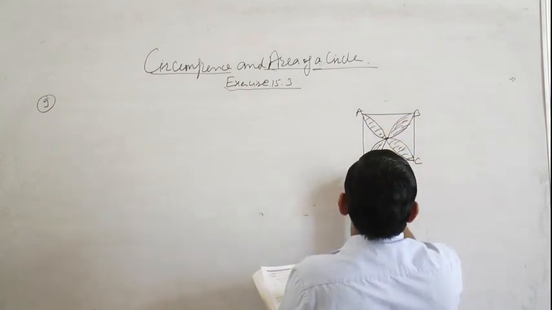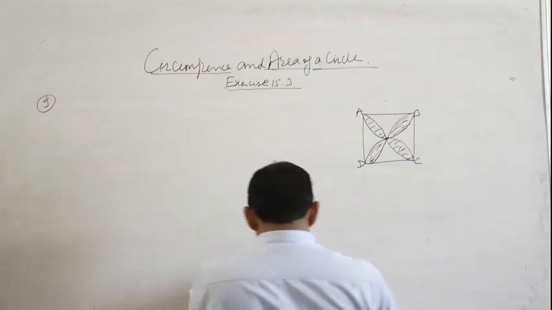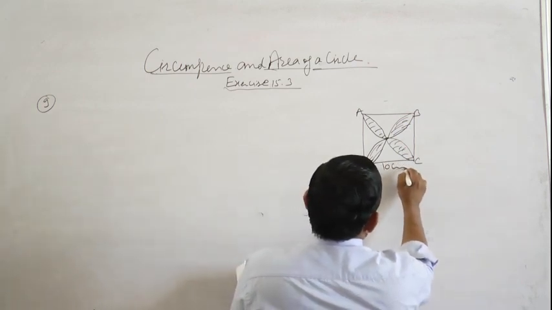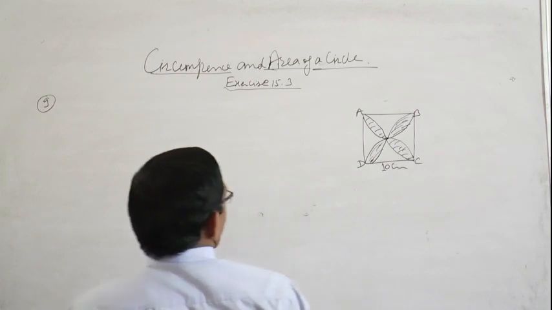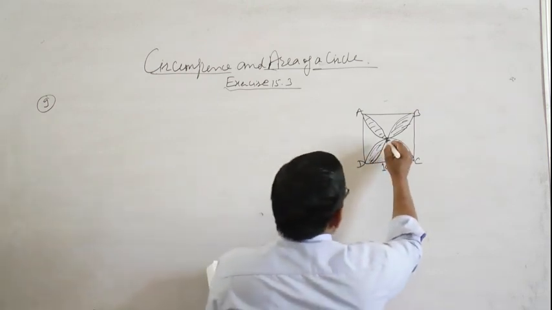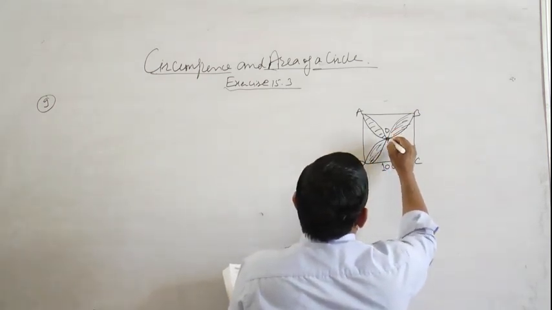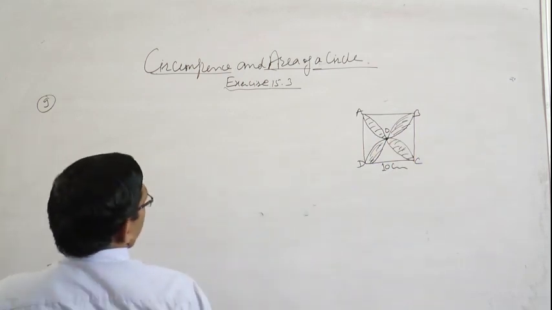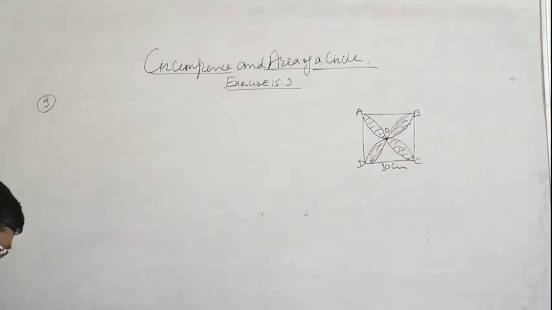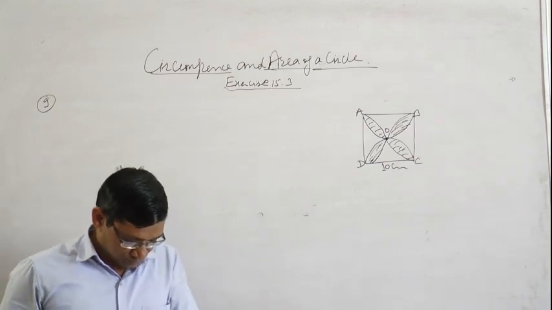ABCD is a square with side 10 centimeter. Suppose O is the center point of the square. Use pi is equal to 3.14.